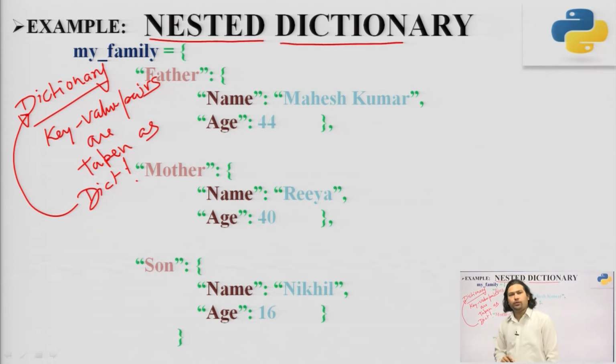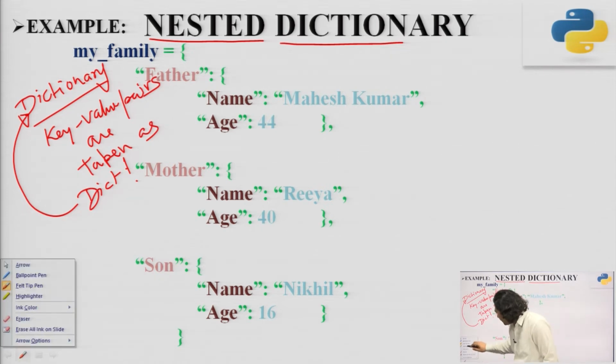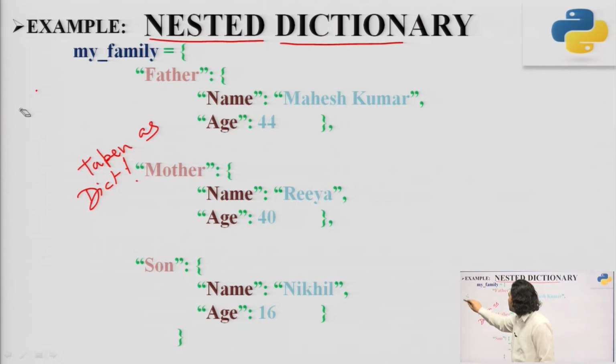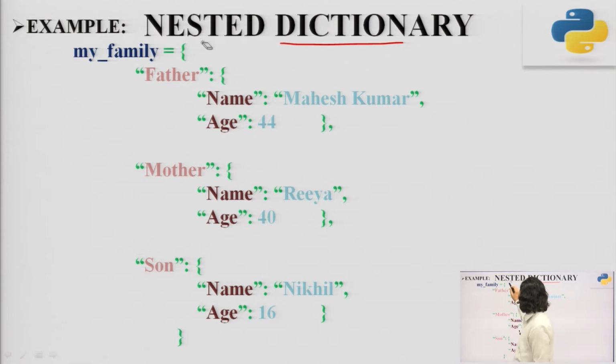Now we are going to look at an example of a nested dictionary, how we are able to make such a complex structure. Here we are referring to the parent dictionary as my family. In my family we have 3 key value pairs.